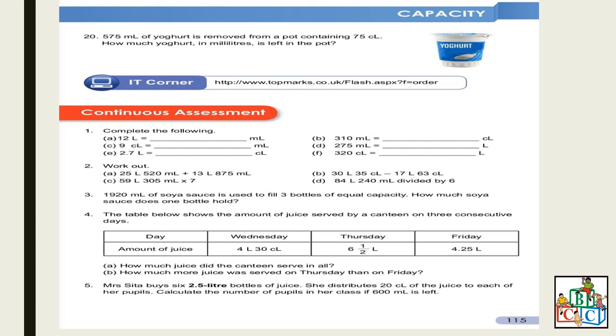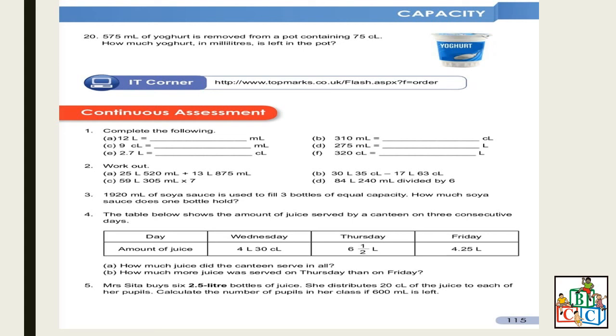Number 4, the table below shows the amount of juice served by a canteen on 3 consecutive days: Wednesday, Thursday and Friday. How much juice did the canteen serve in all? And then how much more juice was served on Thursday than on Friday? Here you have different units: 4 liters, 30 centiliters, 6.5 liters, and 4.25 liters.